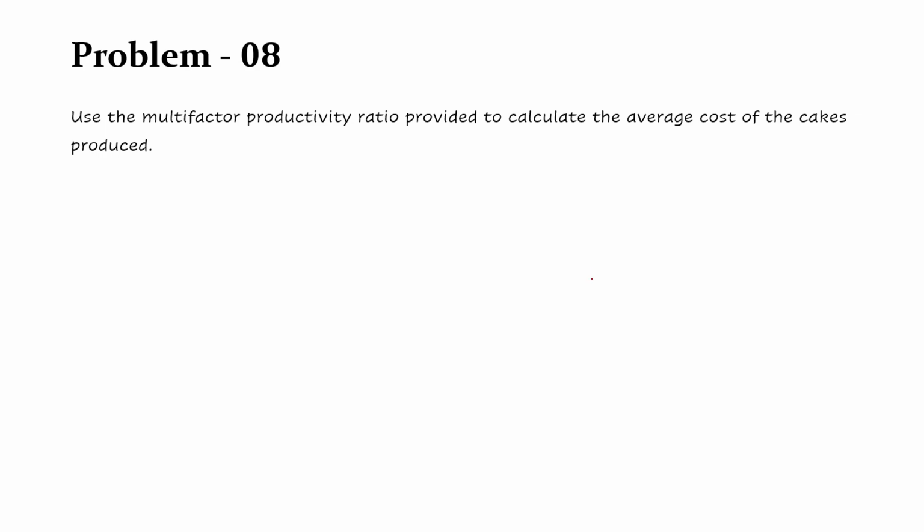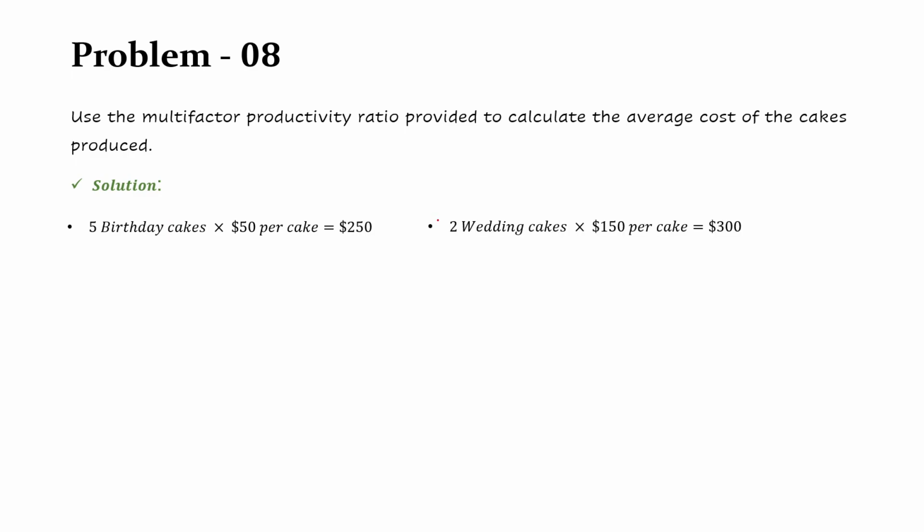So this is how we address this problem. We are given the multi-factor productivity ratio. So first we calculate the value of each type of cake. We know that Alisa makes 5 birthday cakes, so the value of birthday cakes is $250.